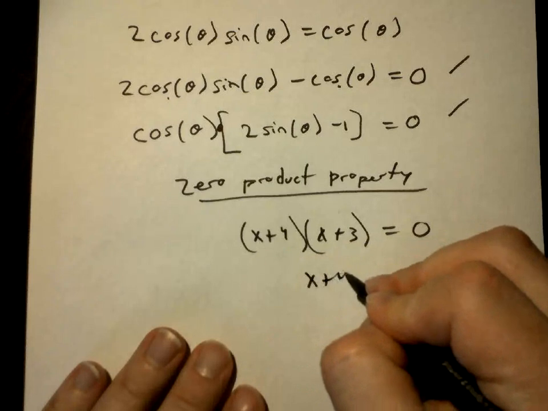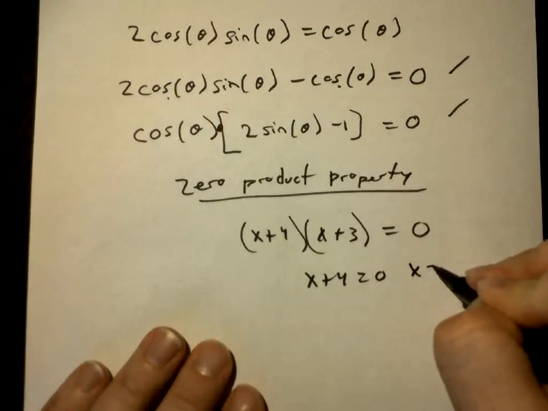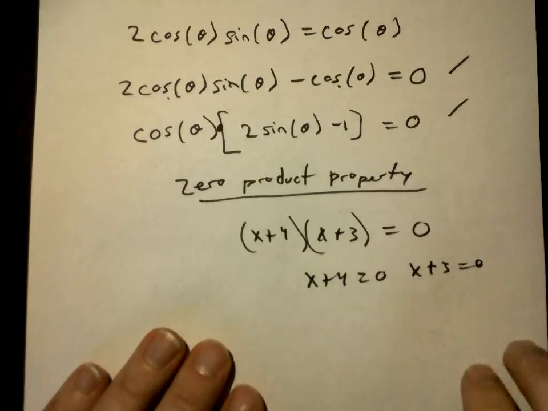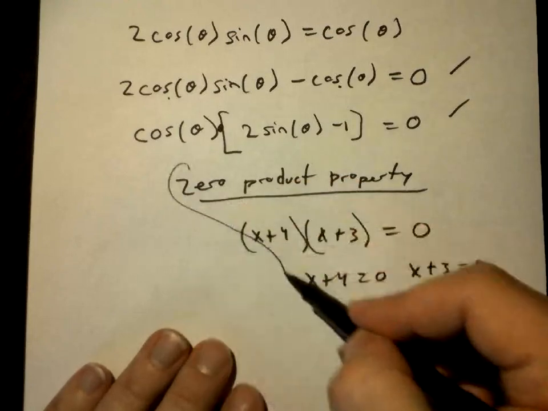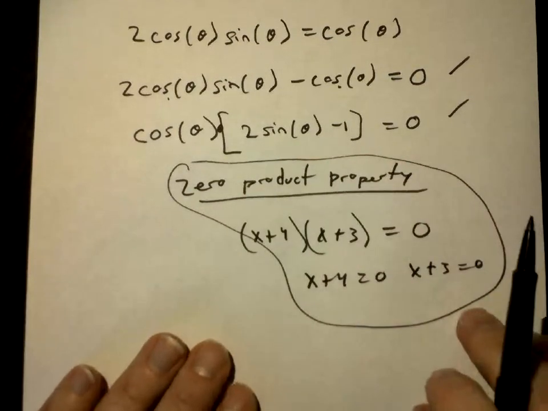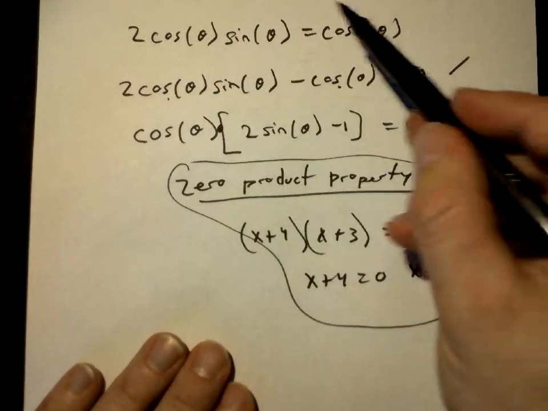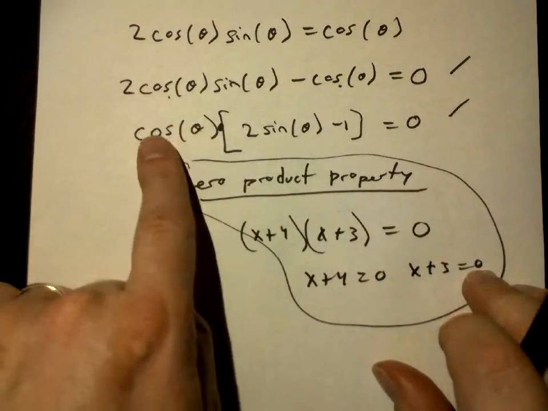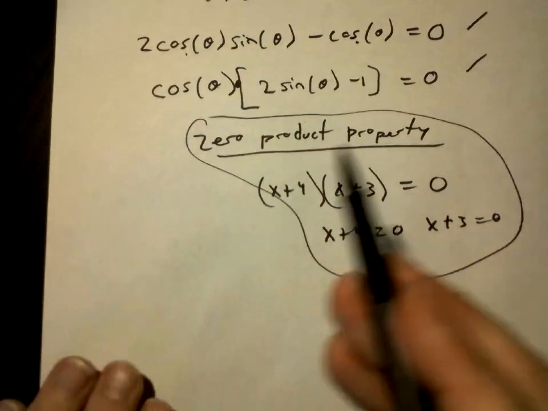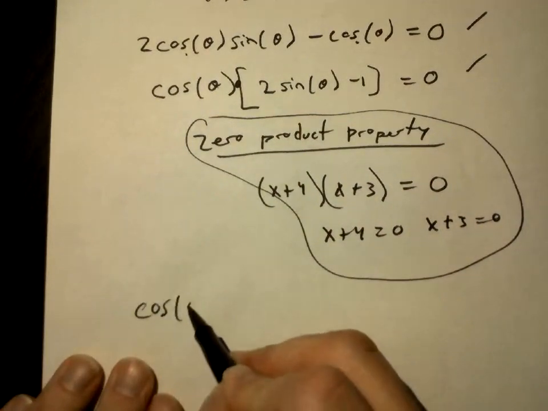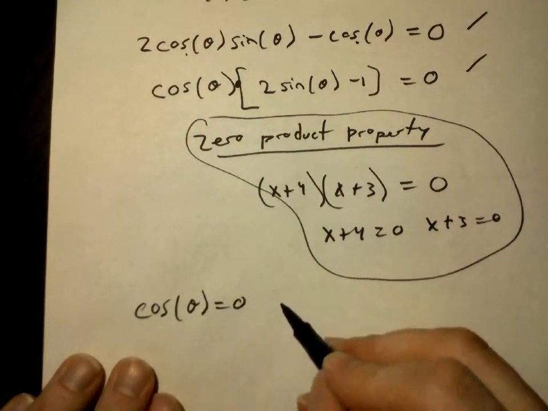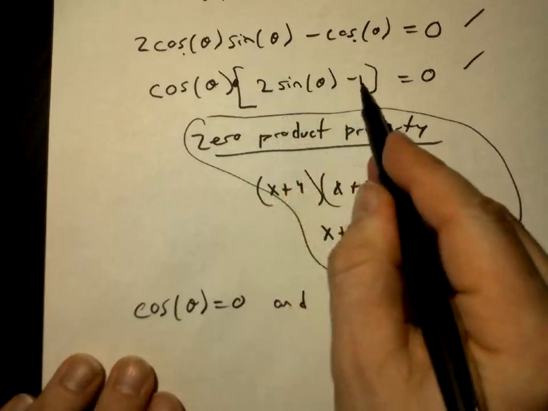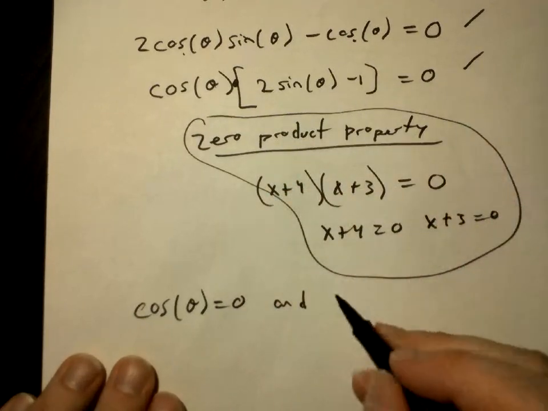Remember, you're going to have x plus 4 equals 0, x plus 3 equals 0, and then solve. That's kind of the idea behind that. So that's why we had to move that cosine over there to take out that cosine. Now we have this cosine equals to 0. And we have this equaling to 0.